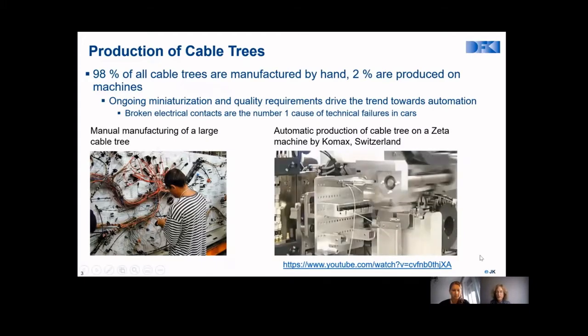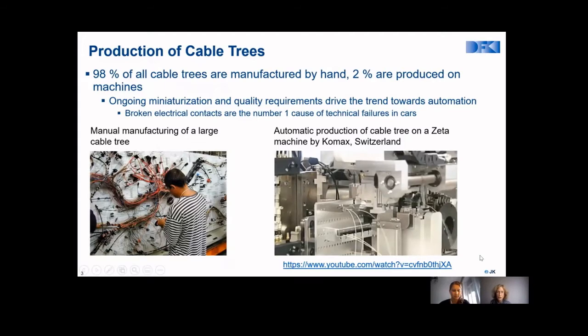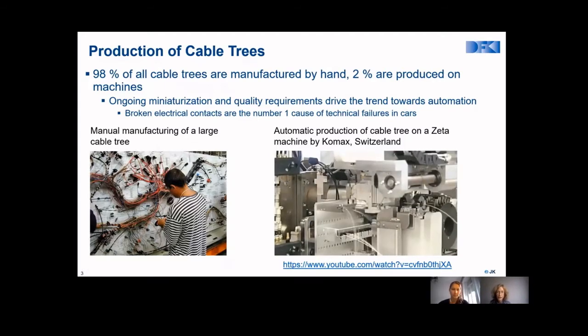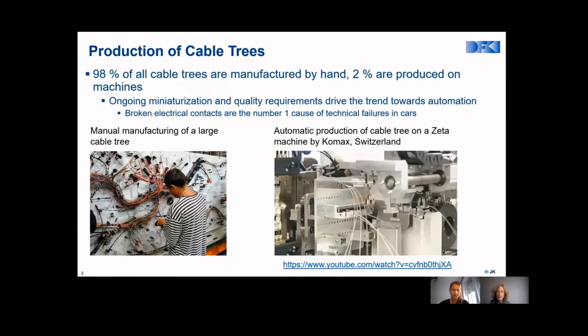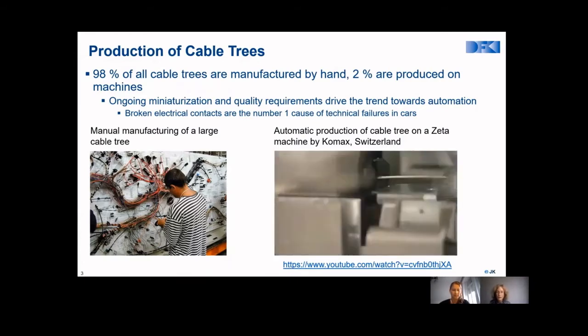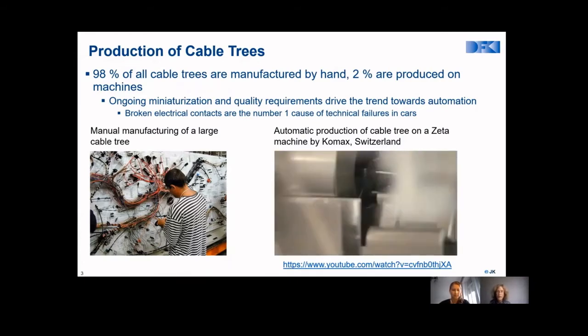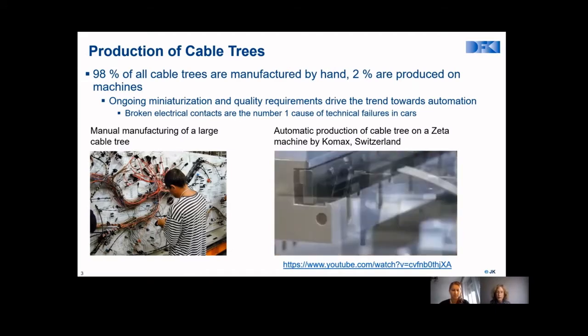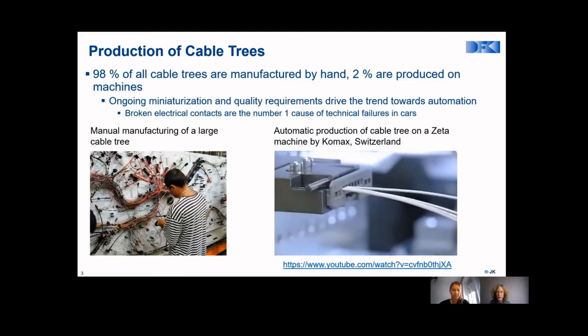You see here in this video how the machine connects the various housings by inserting cable ends into the cavity openings. There's a single robot arm that moves from the side of the machine onto the pallet where the housings are mounted.